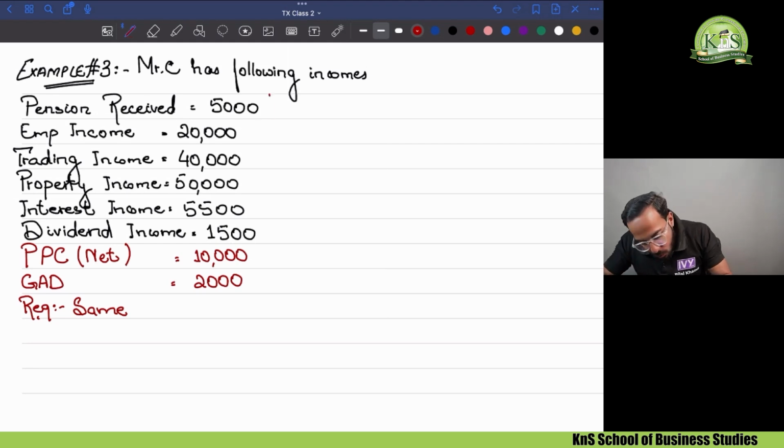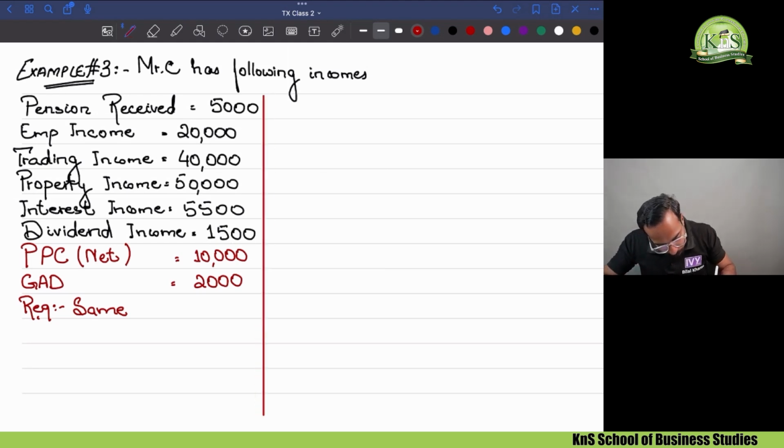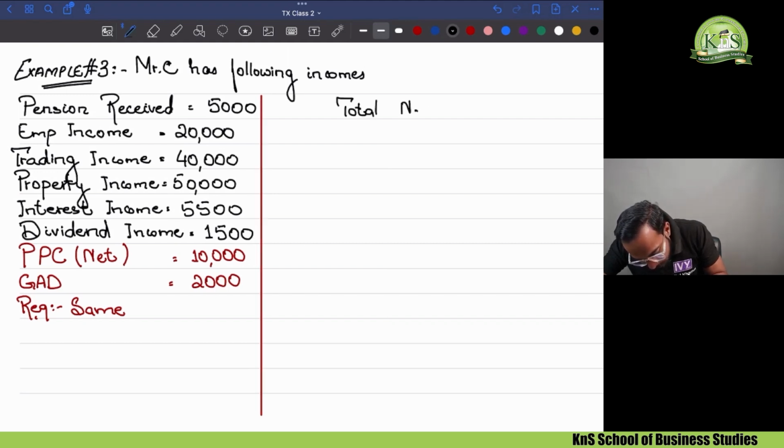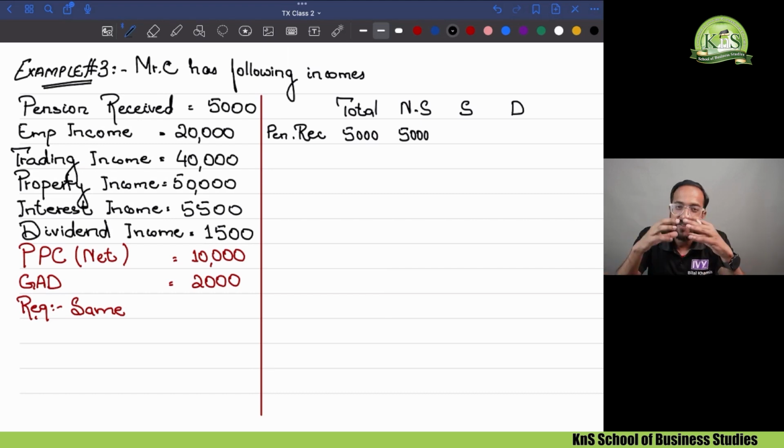Now we need to make columns: total, non-saving, saving, and the dividend one. First, you have a pension received, that's 5,000. That's part of non-saving, 5,000. As you know, saving income has only interest income, and dividend has only dividend income. Other than this will be dumped into the non-saving head.